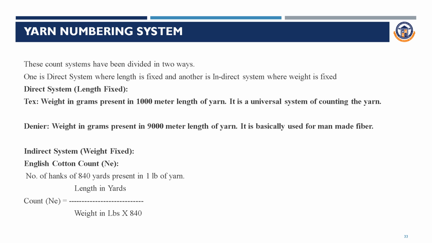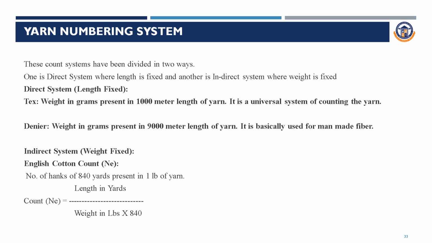Tex is defined as weight in grams per 1000 meters of length. It is a universal system of counting yarn. Denier is defined as the weight in grams present in 9000 meters of length of yarn. It is basically used for man-made fibers. Next, the indirect system. First we see the English count: the number of hanks of 840 yards present in 1 lb of yarn.